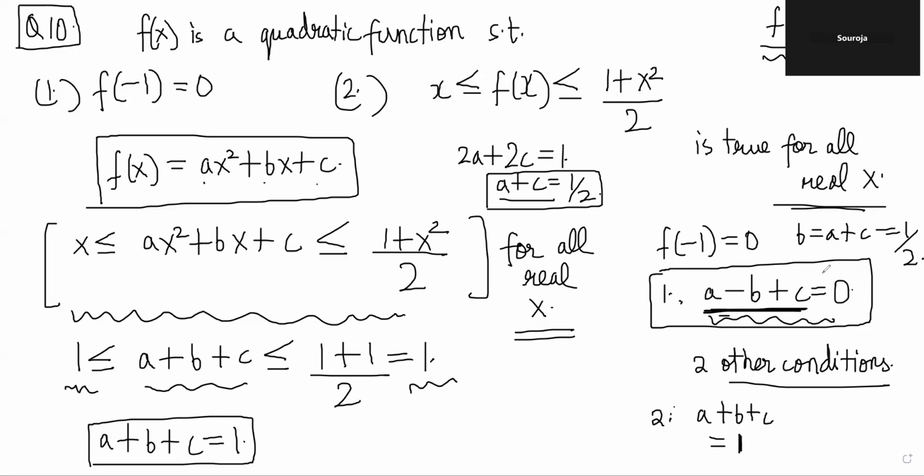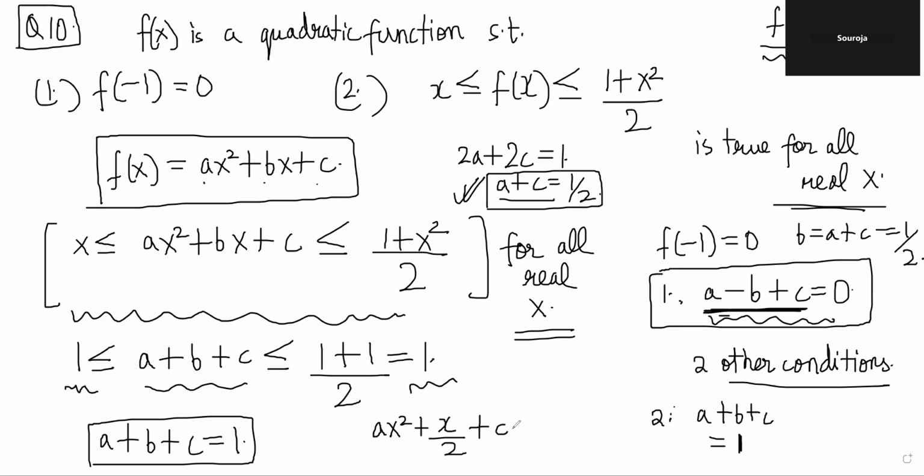So in our quadratic, now we know that b is half and the quadratic is now ax squared plus x by 2 plus c, right? And we also know that a plus c is half, right? Correct?